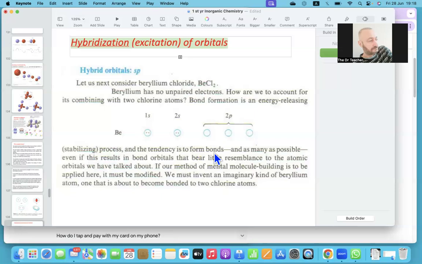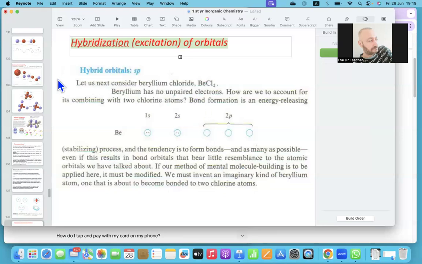The tendency is to form bonds, as many as possible, even if this results in bond orbitals that bear little resemblance to the atomic orbitals we have talked about. If our method of mental molecule building is to be applied here, it must be modified. So we must invent an imaginary kind of beryllium atom, one that is about to become bonded to two chlorine atoms.